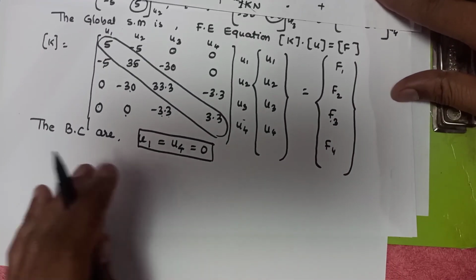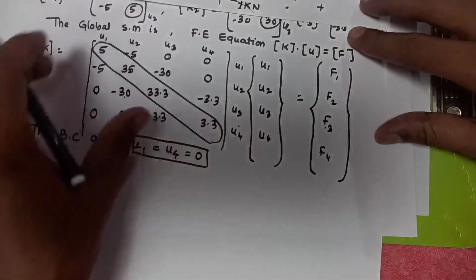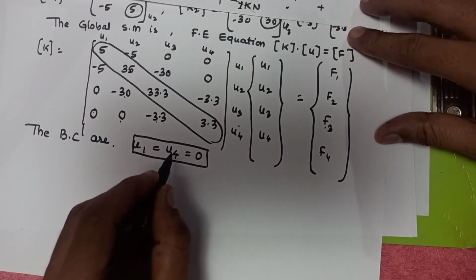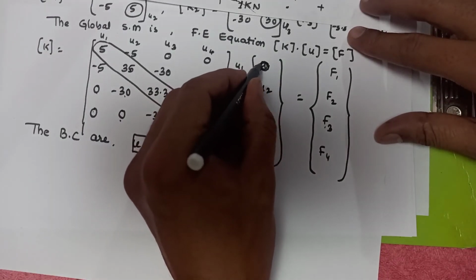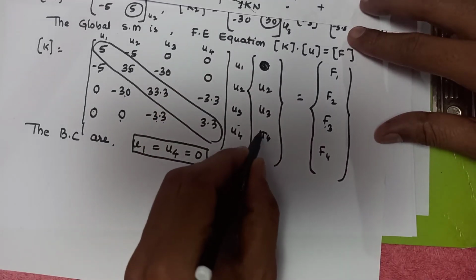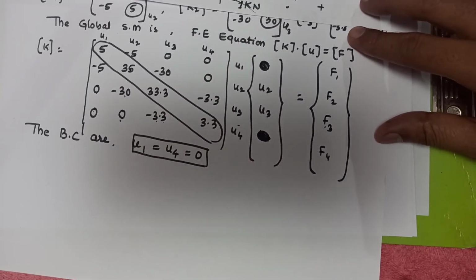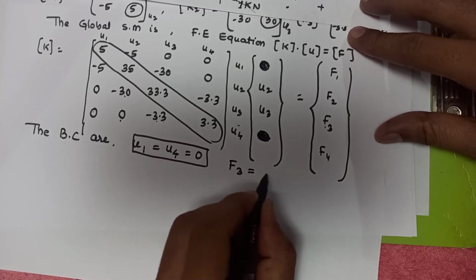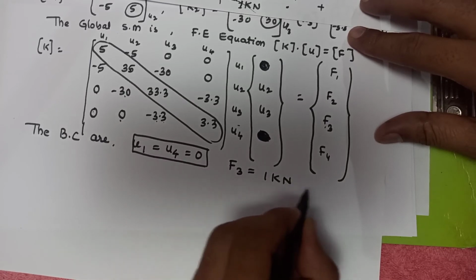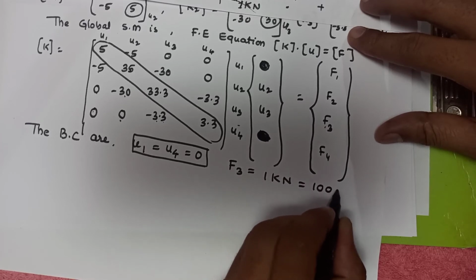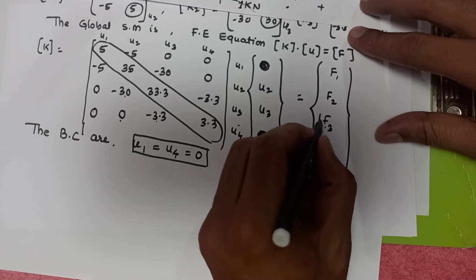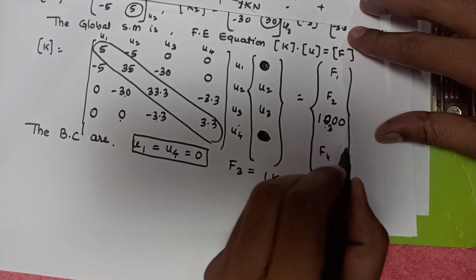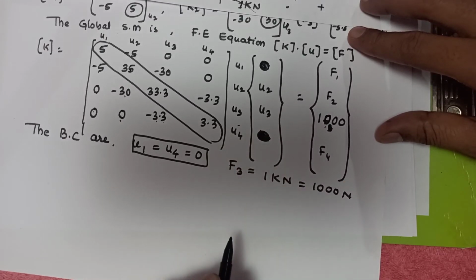Then I can directly apply the boundary conditions in the same equation. U1, U4 I will directly write as 0 here. And at F3 there is 1 kilonewton, which is 1000 Newton, so I write 1000 Newton here.